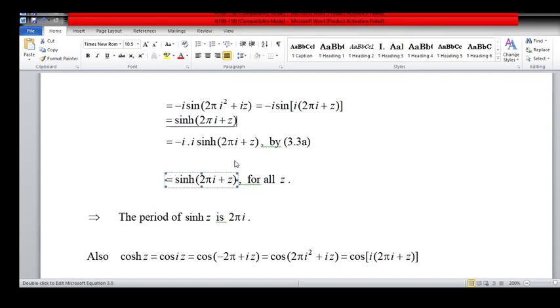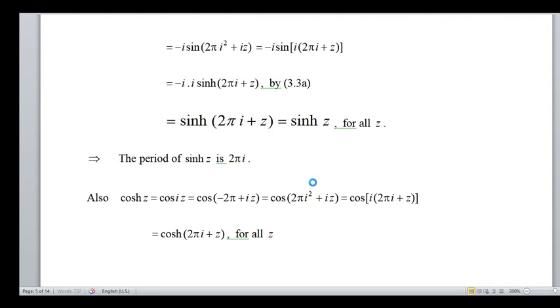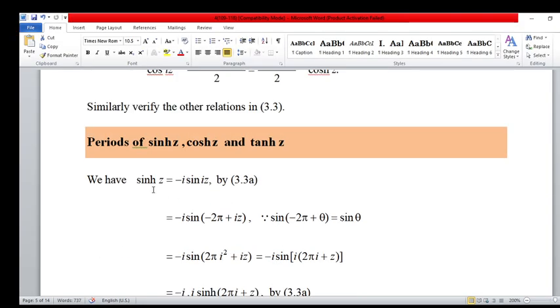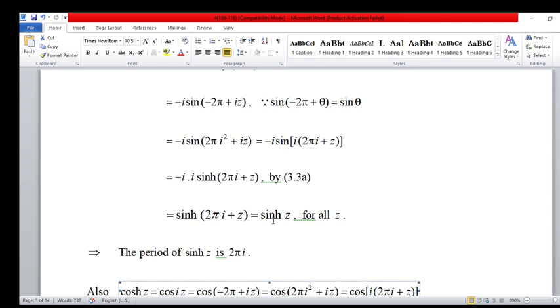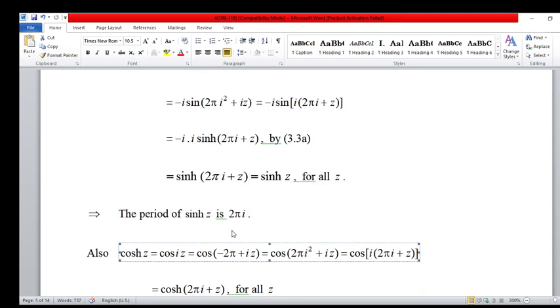So there is no change. This is sin hyperbolic z, this is sin hyperbolic z, so no change. Therefore the period of sin hyperbolic z is 2 pi i, twice pi i.